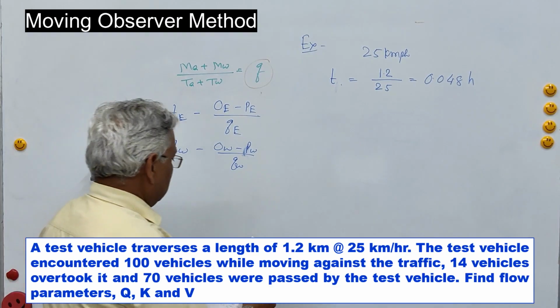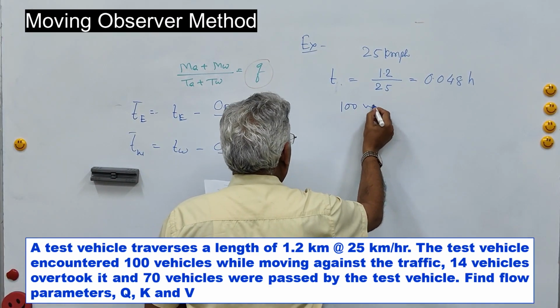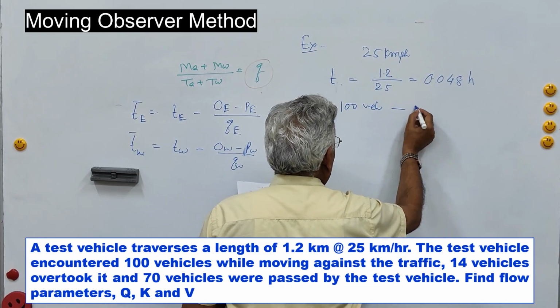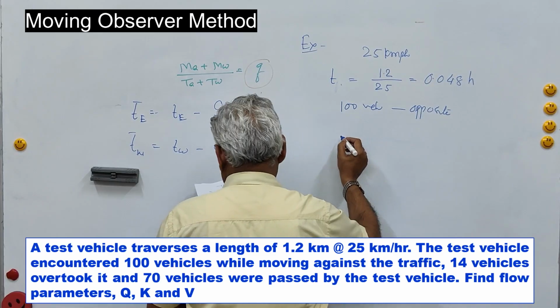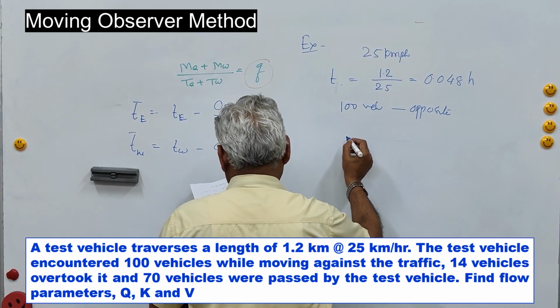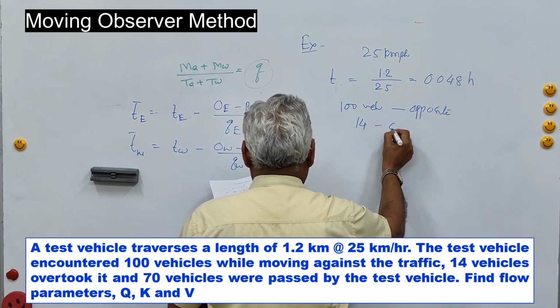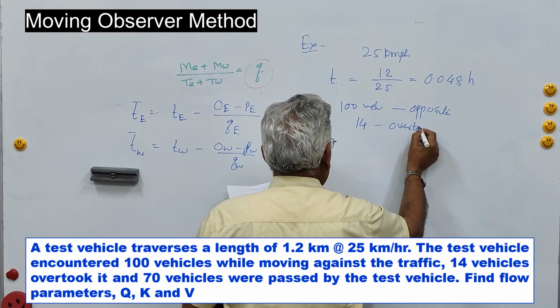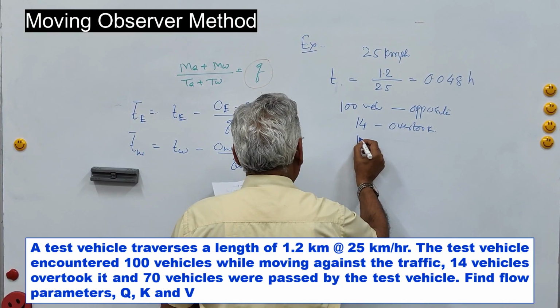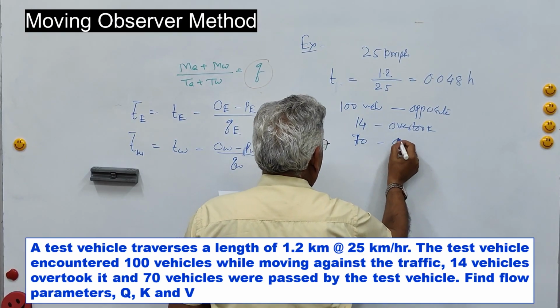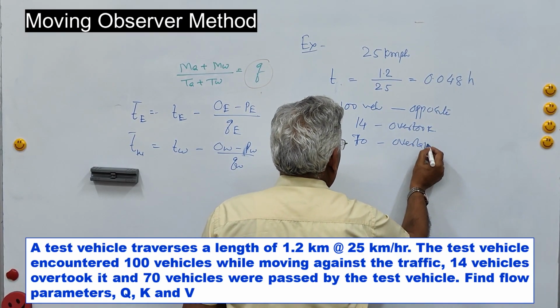During this test run, 100 vehicles came from the opposite direction, 14 vehicles overtook the test vehicle, and 70 vehicles were overtaken by the test vehicle.